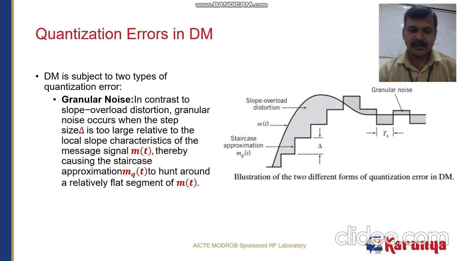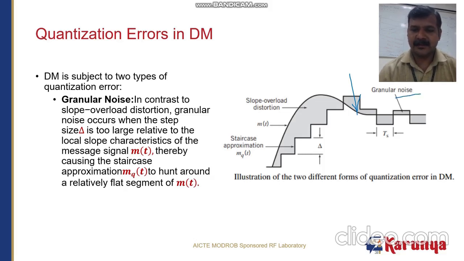On the other hand, we have granular noise. In contrast to slope overload distortion, granular noise occurs when the step size del is too large relative to the local slope characteristics of the message signal m(t), thereby causing the staircase approximation m_q(t) to hunt around a relatively flat segment of m(t). So if the staircase approximation goes well above the message m(t), then the distortion introduced is what we call granular noise.